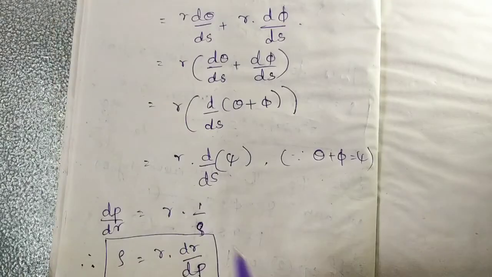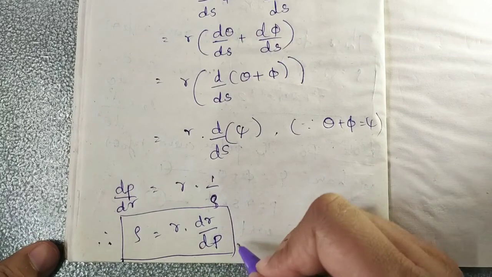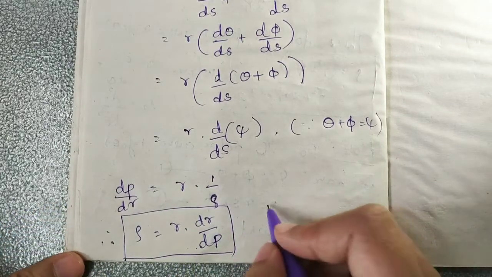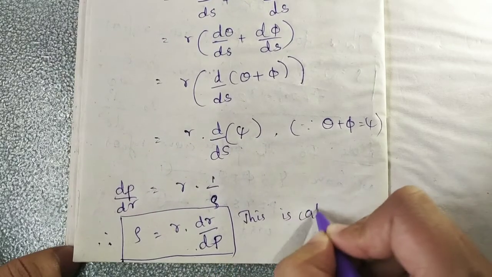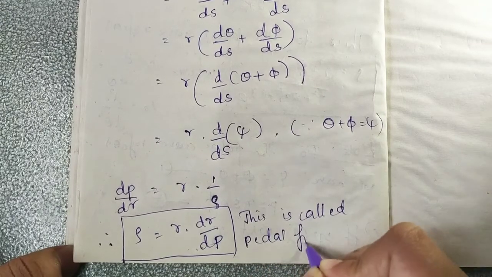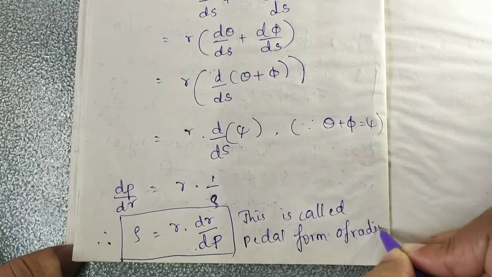This will come to this side with its reciprocal, so that will be dr/dp. So which is also a very important formula. This is called the pedal form of radius of curvature.